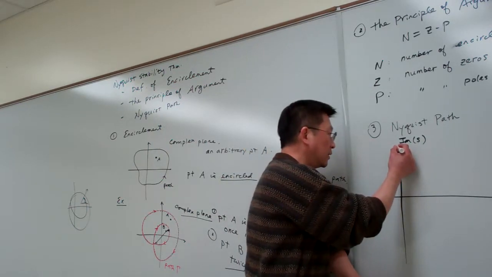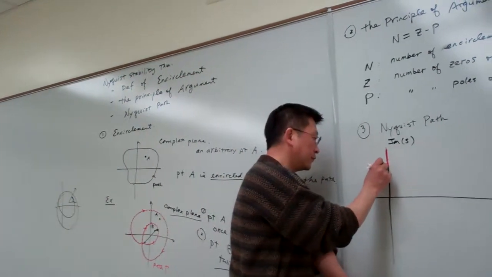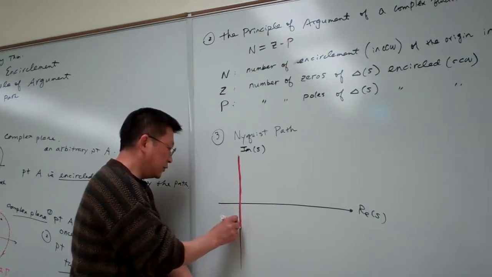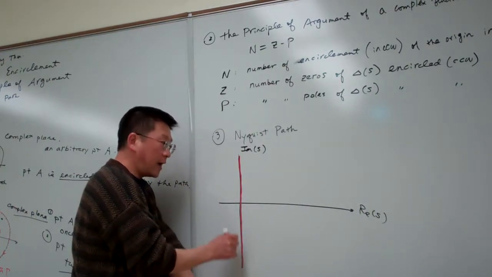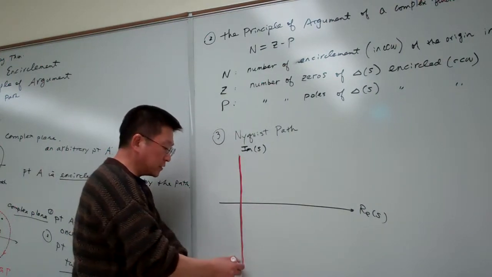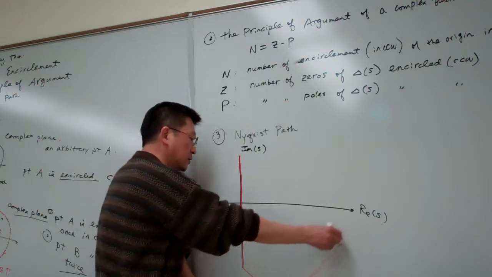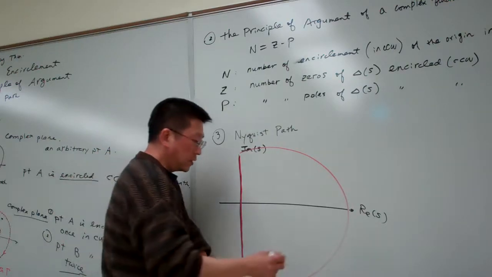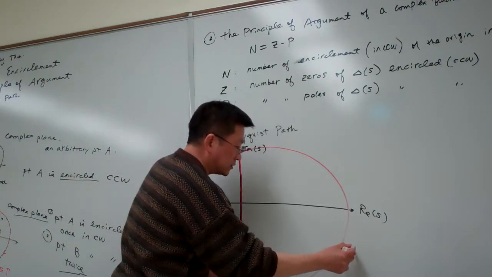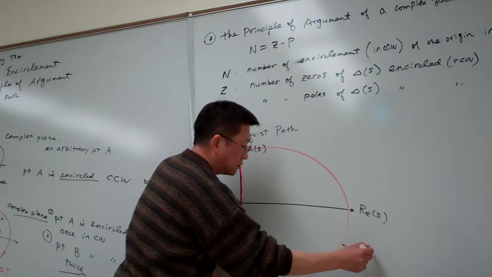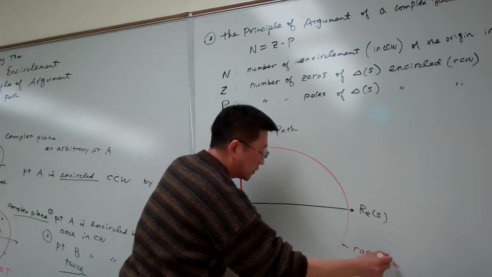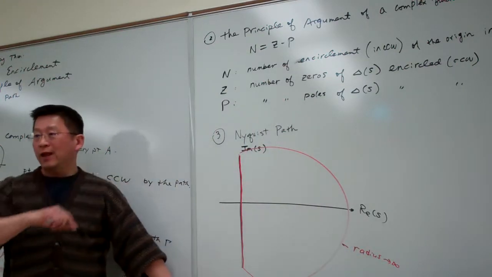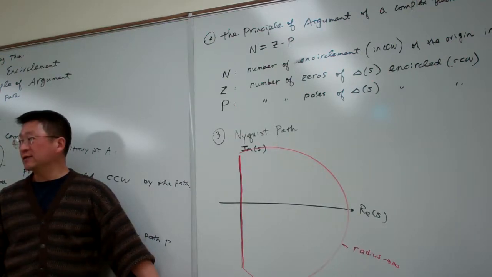So we basically want to check that possibility. So we include all the real axis, the imaginary axis, and then here we're using the semicircle, with a radius approaching infinity. In this way to cover the entire right-hand side.